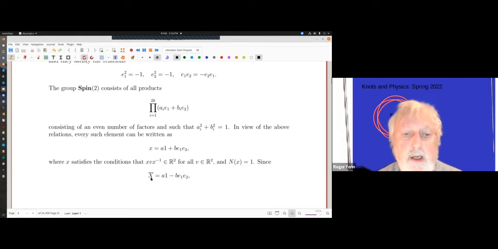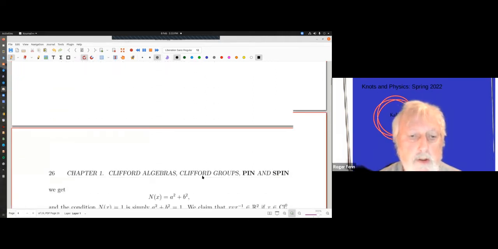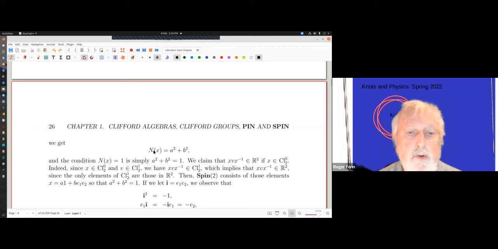So you take x bar to be a1 minus b2. So the norm is a squared plus b squared, and so this condition is 1. And the claim is that this does indeed belong to R2, which is the vector space, if x is in the Clifford group.